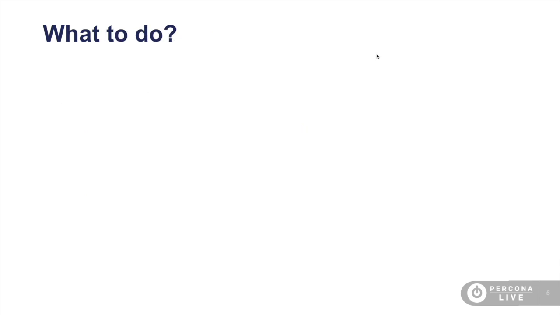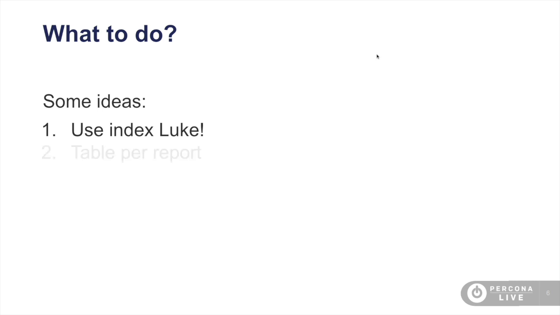So what do we do? Any ideas? If you have a 47 second query, what do you usually do? Any guesses? How do we optimize that? Well, add an index, right? That is number one. We need to add an index.